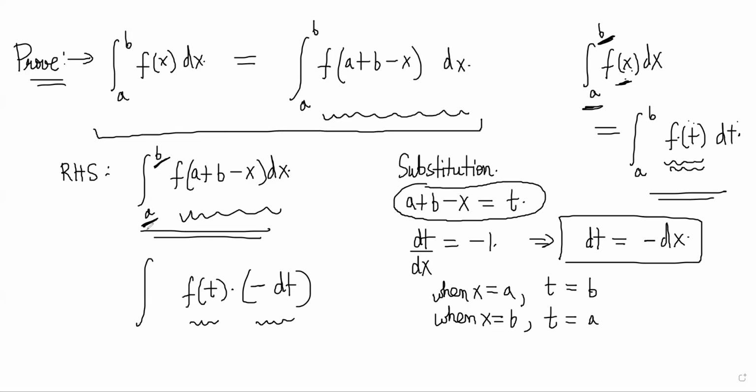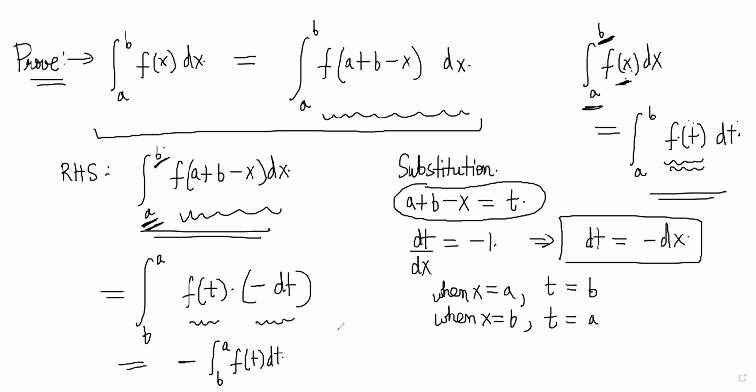So the lower limit becomes b and the upper limit becomes a. This should be my new integral after converting it into the variable t. So you are getting the integral minus of b to a f of t dt, right?